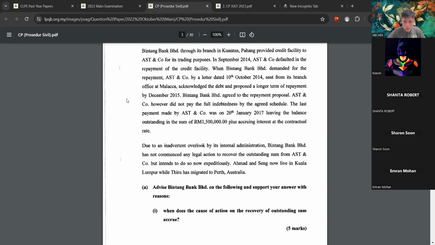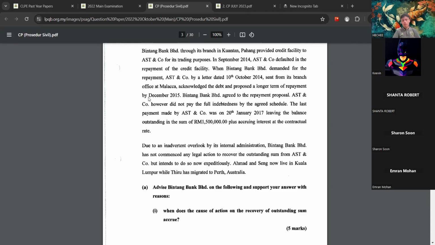And after, in January 2017, they started defaulting on the repayment again, so the main course of action accrued in 2017.